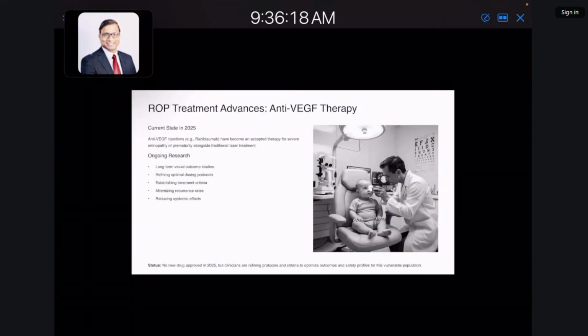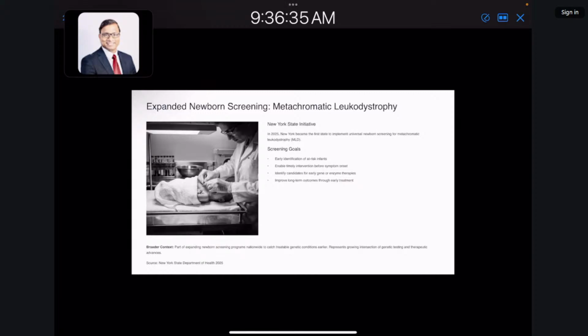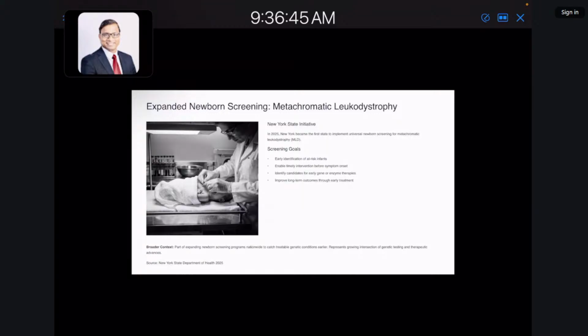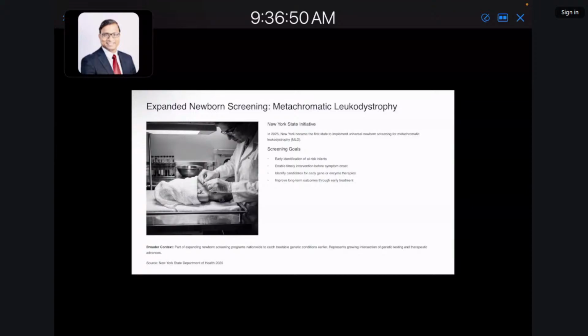Also, anti-VEGF injections like ranibizumab have become an accepted adjuvant therapy for severe ROP alongside laser, with ongoing research to refine dosing and safety data. And recently, in 2025, the expanded newborn screening program in New York included metachromatic leukodystrophy, which has enabled early detection and intervention before symptom onset.